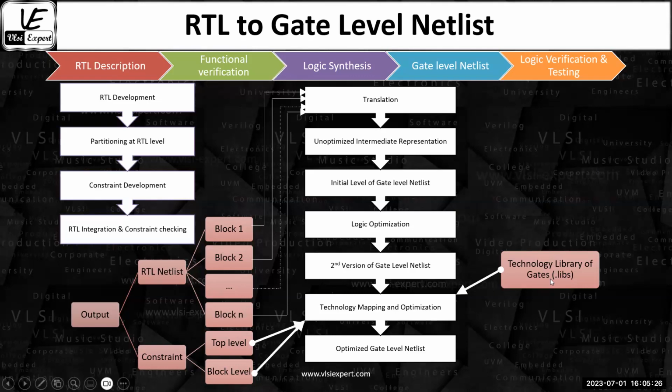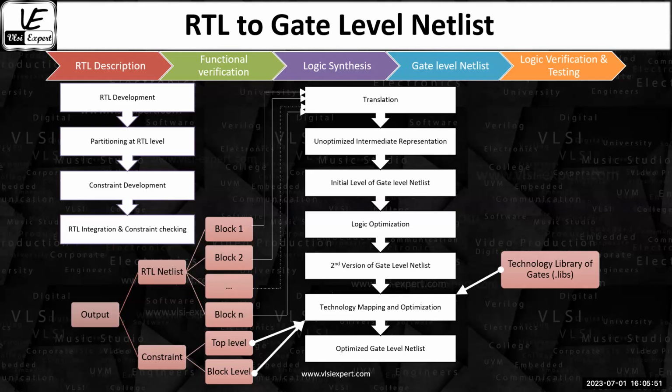And here, like I said, .lib. Now you're going to apply the .lib. What is .lib? Standard cell library. I will explain this later on. When we are talking about technology libraries, they can be of two types, physical libraries and logical libraries. Physical libraries have the physical information, logical libraries have the logical information. We'll talk about this later on.